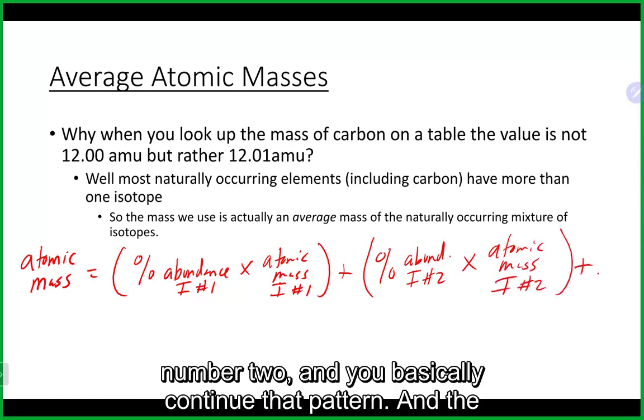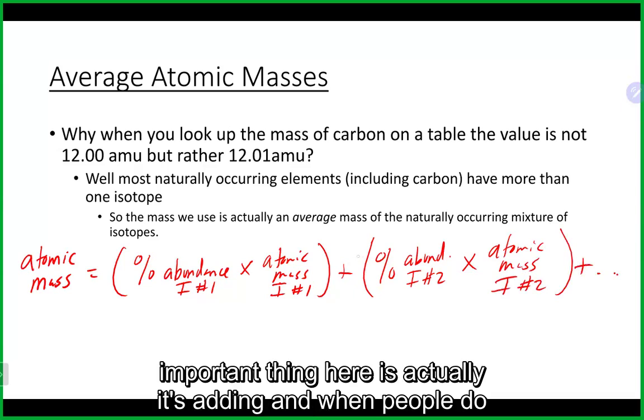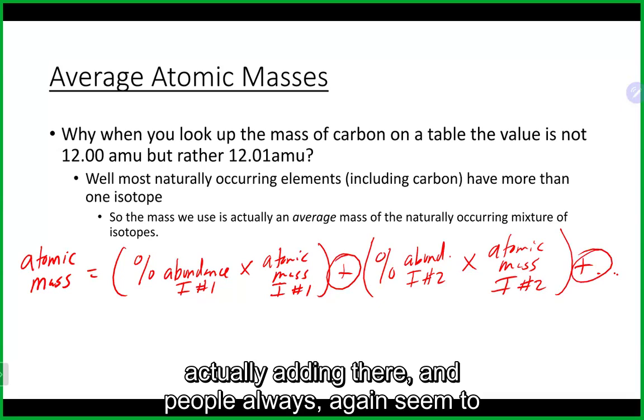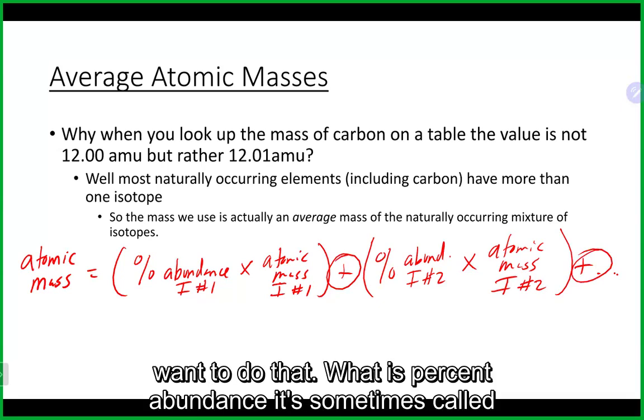And you basically continue that pattern. The important thing here is that it's adding. When people do this calculation, they always want to multiply that. So it's actually adding there, and people always, again, seem to want to do that.